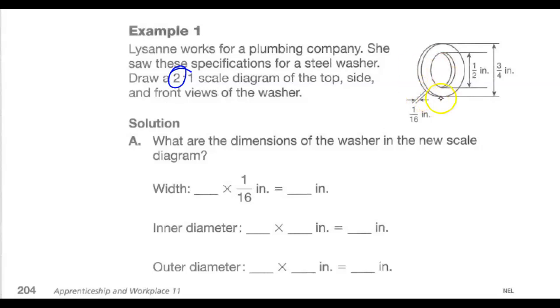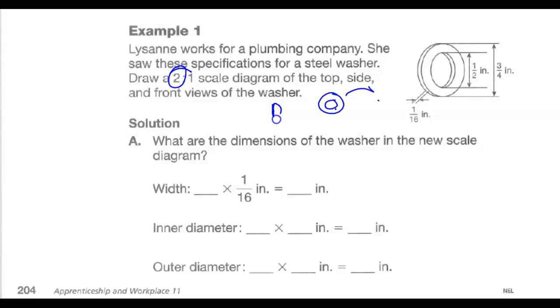So real life is a lot smaller than this. It's 1/16. That's very small. And so that means if the first number is 2 and the second number is 1, then this actual washer, which is a lot smaller, is the scale factor from our diagram to actual.